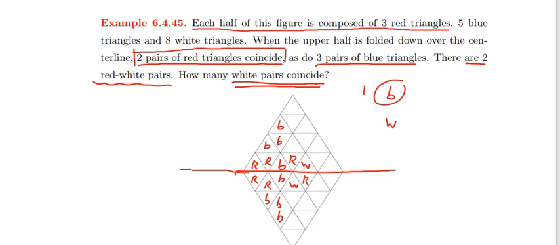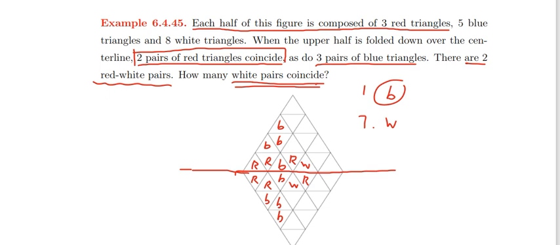We have 8. So we should have 7 white. So we put 7 white. So where does the 1 blue go? Blue.